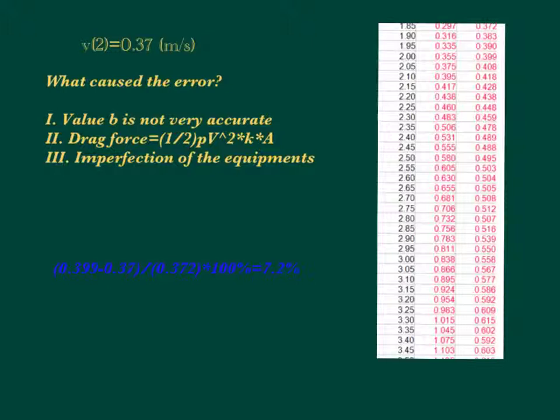The accurate function for drag force is actually one half times rho, which is the density of the fluid, times velocity squared times the drag coefficient times A. A is the surface area. As we can see in the drag force equation, the drag force is actually proportional to velocity squared, not directly proportional to velocity, and this is a huge factor in our results.